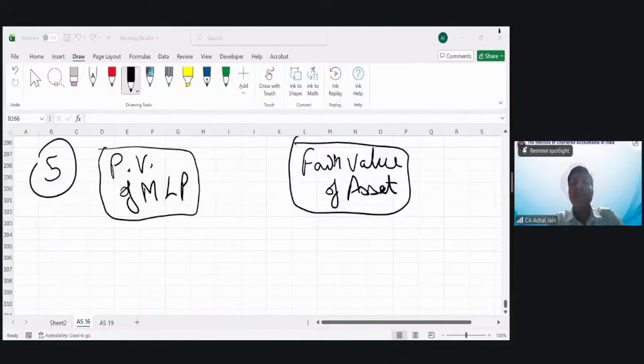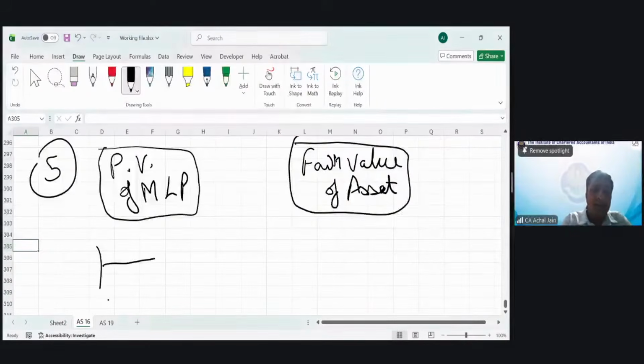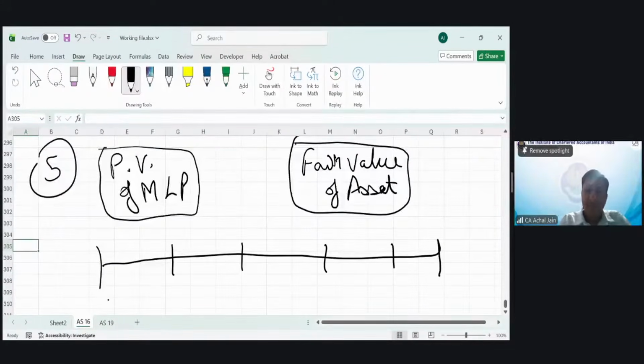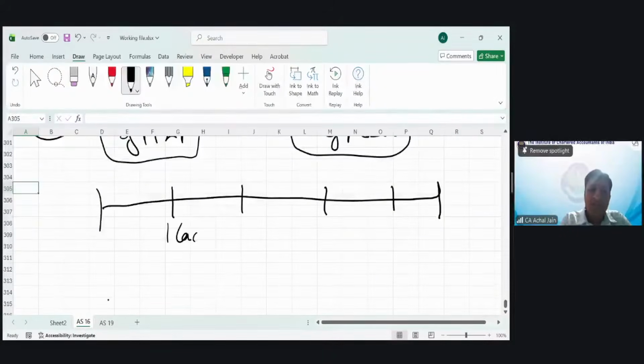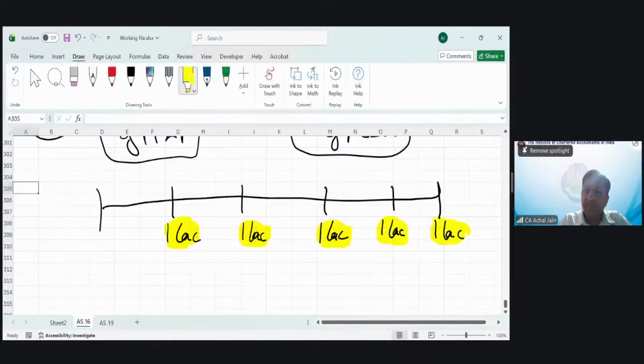And as regards the present value of minimum lease payment, what does it mean? Let's suppose the lessee is required to pay 1 lakh each year. Let's suppose that's the arrangement. 1 lakh, 1 lakh, once again 1 lakh, 1 lakh. 1 lakh is required to be paid each year by the lessee to the lessor.